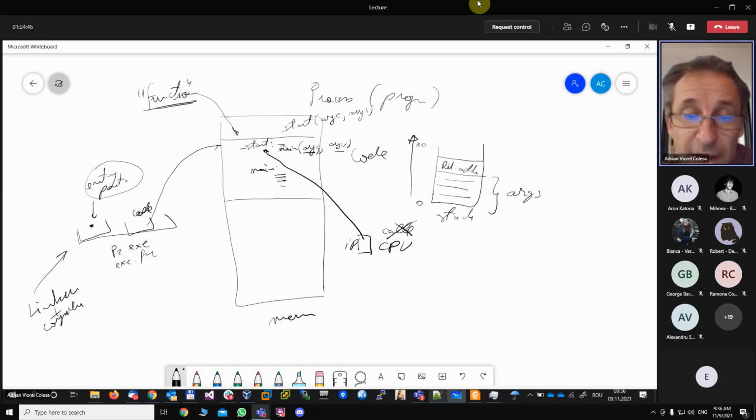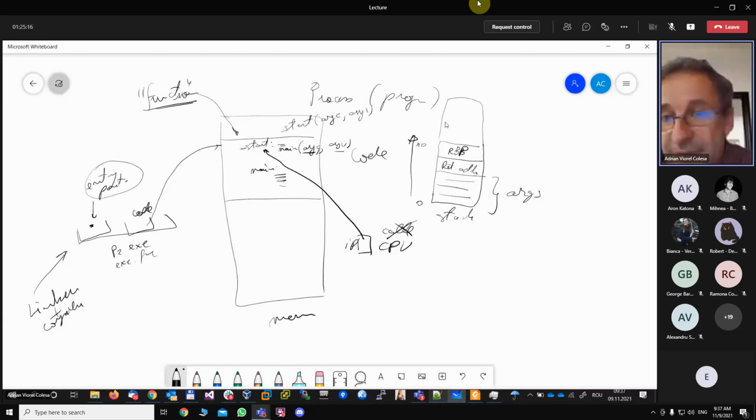Then if you take a look at how the code for a function is generated, you'll easily note a preamble of all the functions, which saves the RBP register, the base pointer, and maybe some other registers, but that's the usual way.